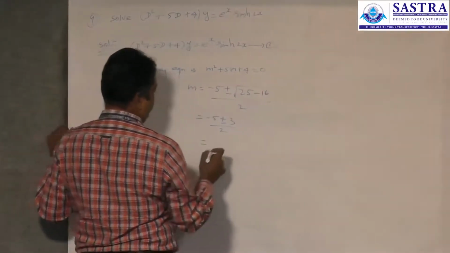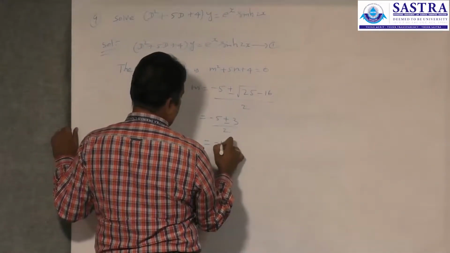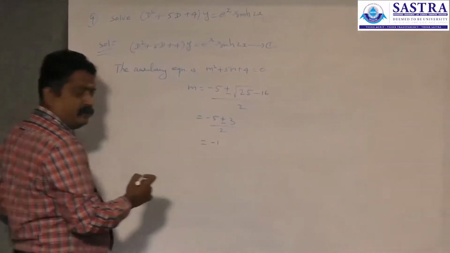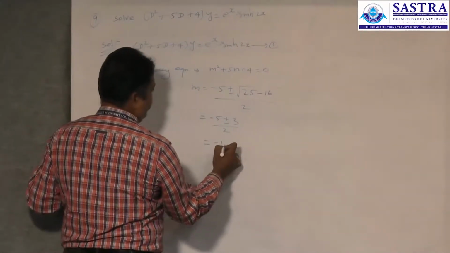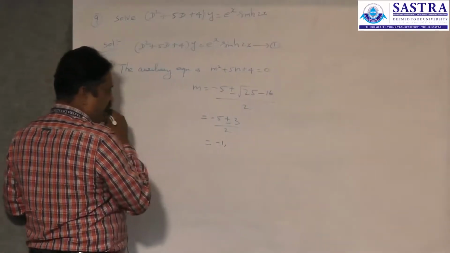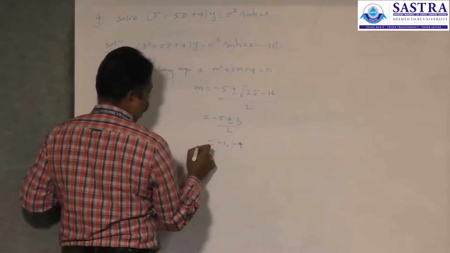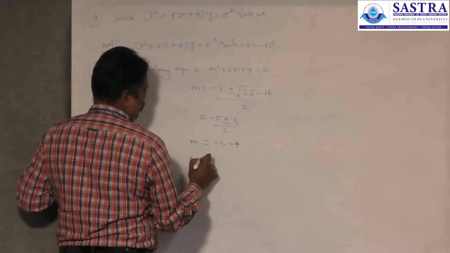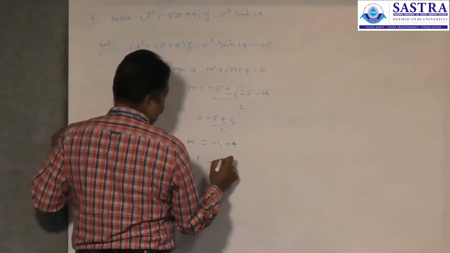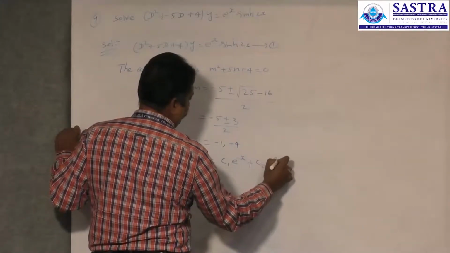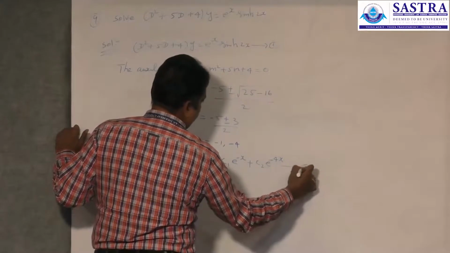Minus 5 plus 3, minus 2, divided by 2, minus 1. Minus 5 minus 3, minus 8, divided by 2, minus 4. So the complementary function comes out to be c1 e power minus x plus c2 e to the power minus 4x. Let it be equation number 3.